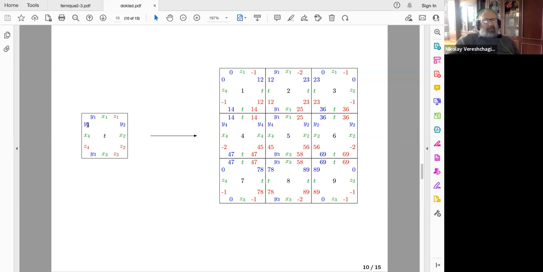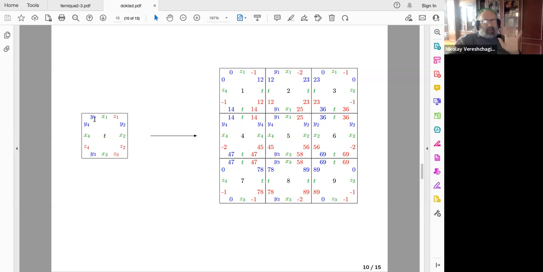And also we will have colors on the sides. Each color actually consists of 3 parts called indices: blue index, green index, and red index.